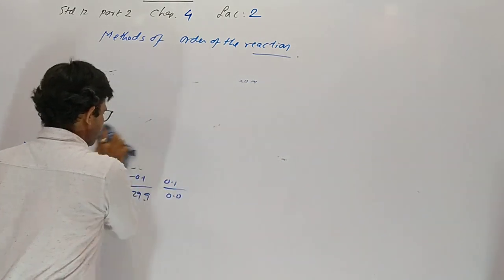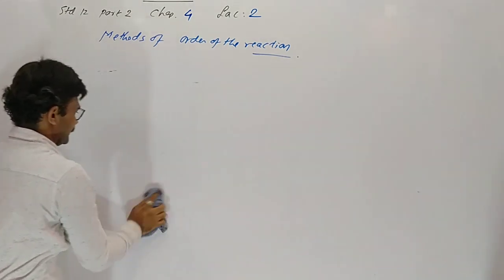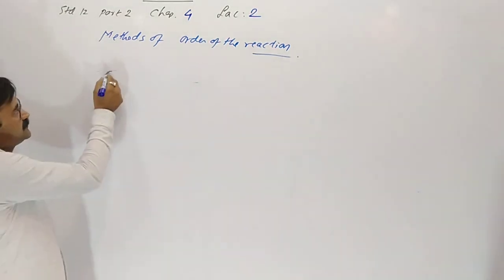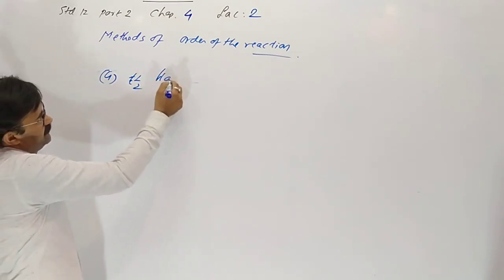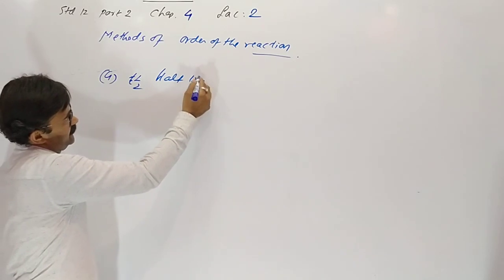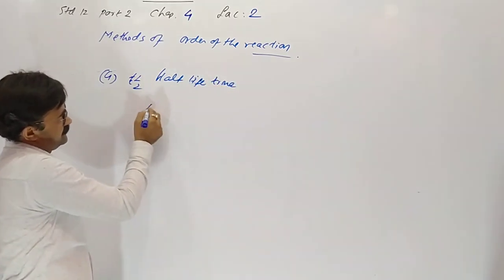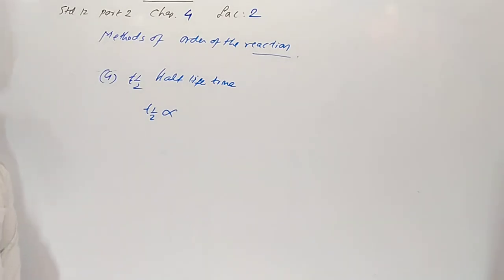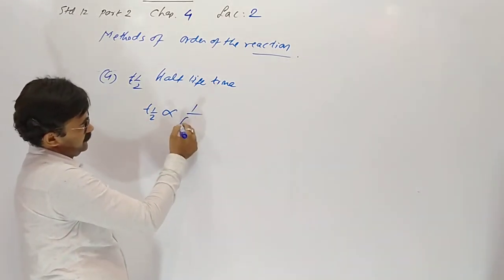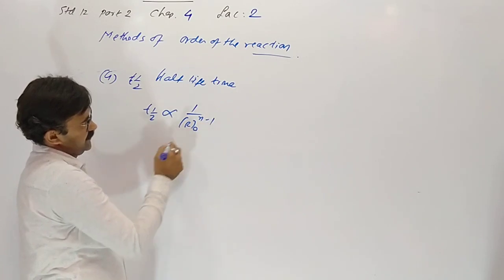The fourth one is the half-life period method. T1/2 means half-life time. Universally, for every order of reaction, t1/2 is proportional to 1 upon R0 raised to n minus 1.